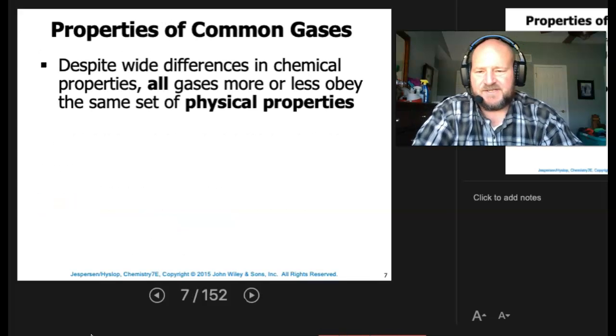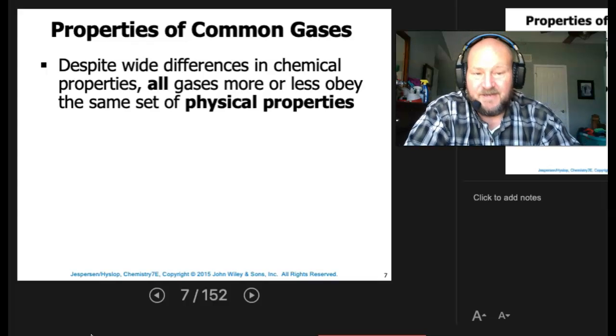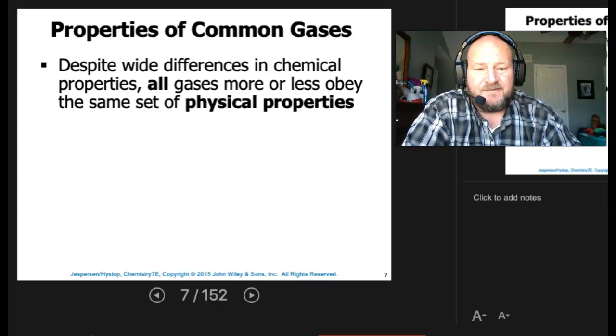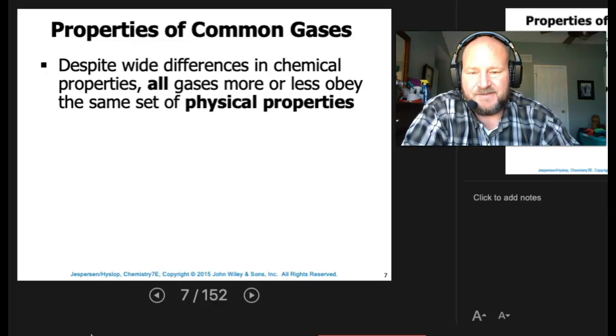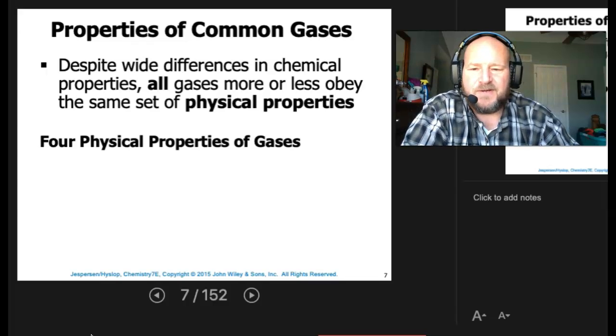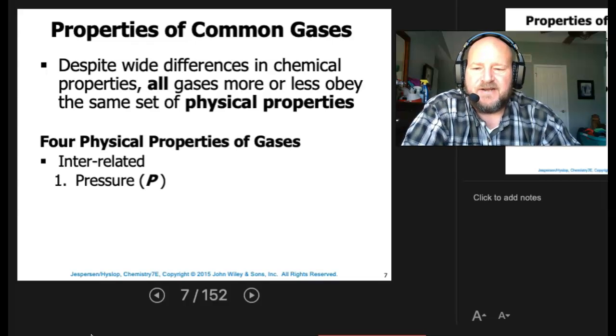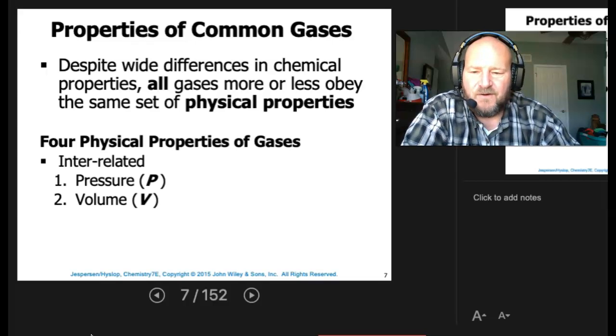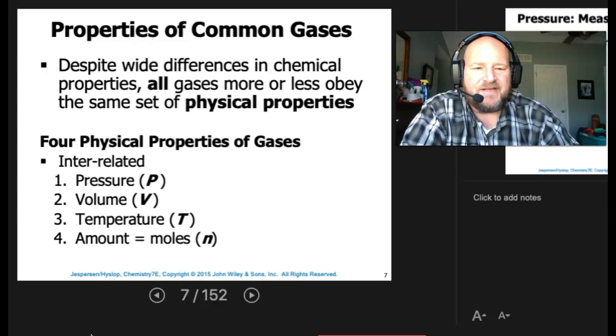Some properties. Despite wide differences in chemical properties, all gases, regardless of what the gas is, more or less obey the same set of physical properties. They're interrelated: pressure, volume, and temperature, and of course the amount that's there.